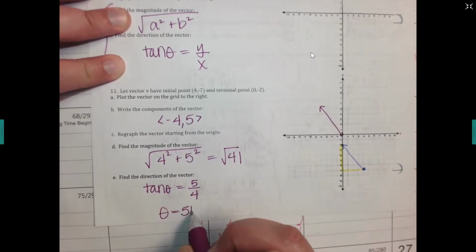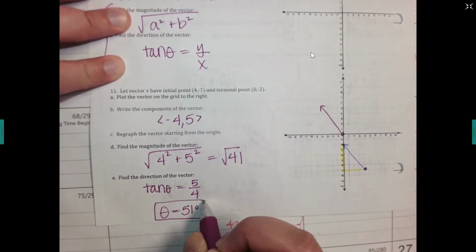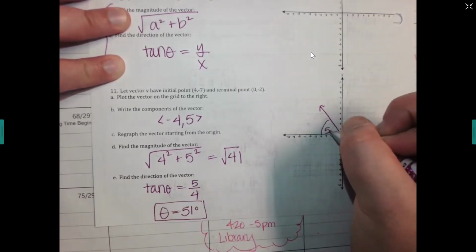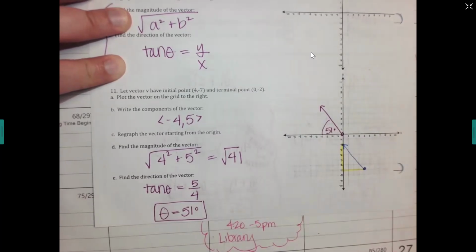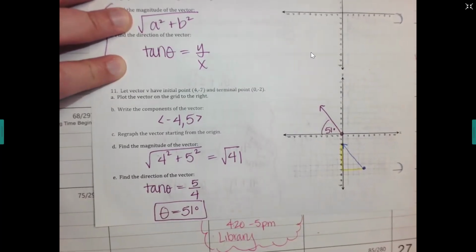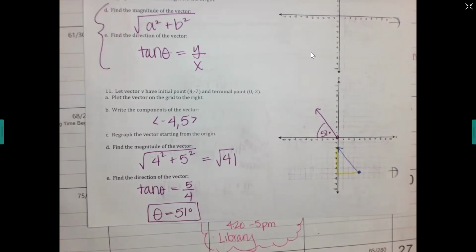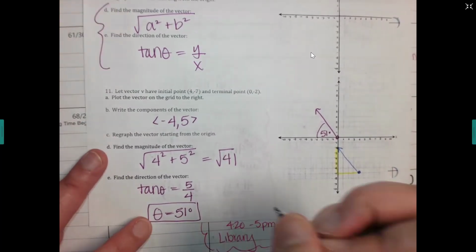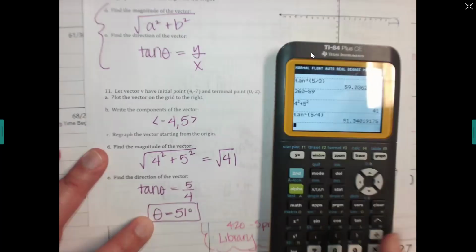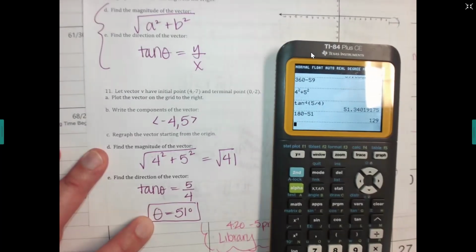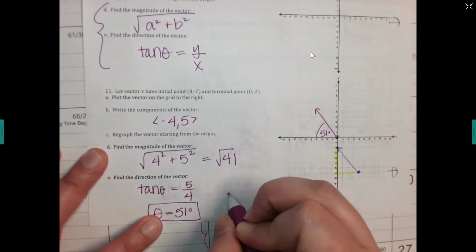Is that my final answer? No, 51 degrees is from here to here. But remember that I measured direction from here all the way around. So what's my formula for direction in this quadrant? 180 minus 51. So 180 minus 51, that gives me 129.